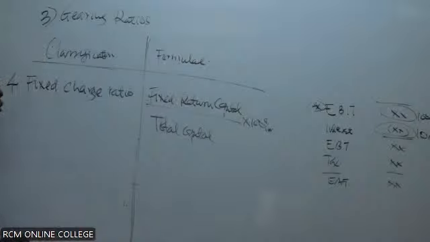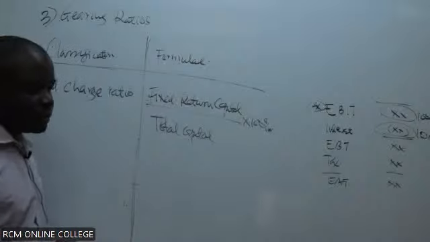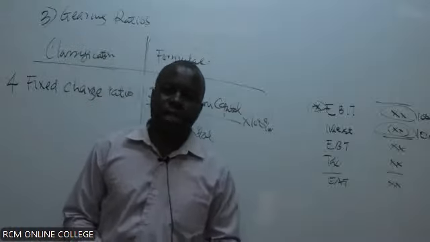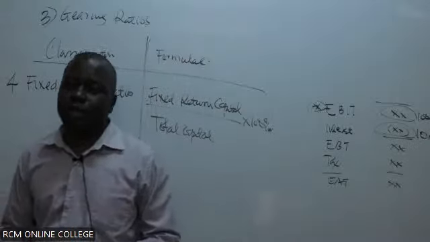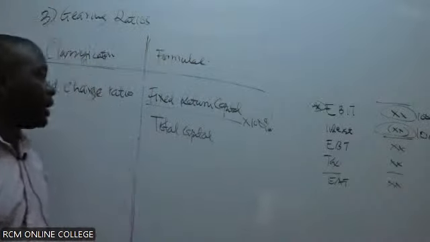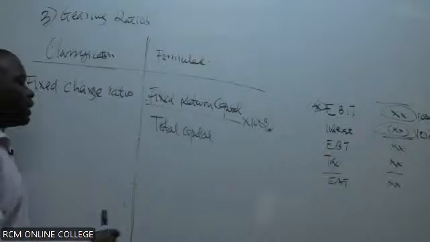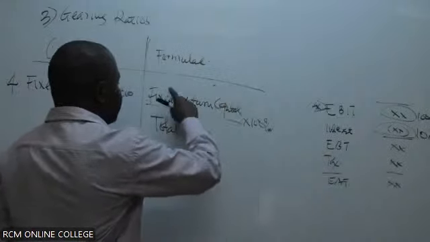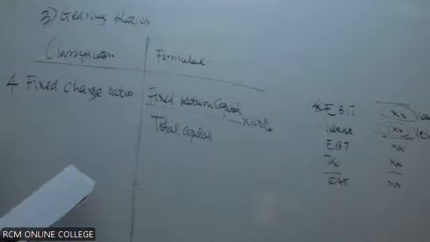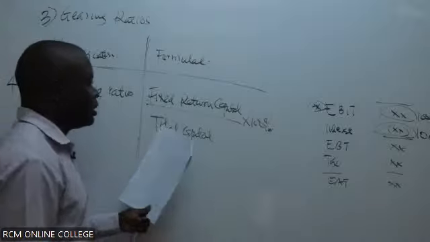For ordinary share capital, the return is not fixed, because dividends to ordinary shareholders depend on how much profit the company has made. So when we take that component of the capital that has a fixed return and divide by the total capital, we get the fixed charge ratio. So that is the formula.